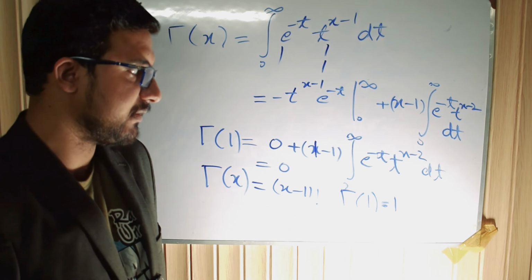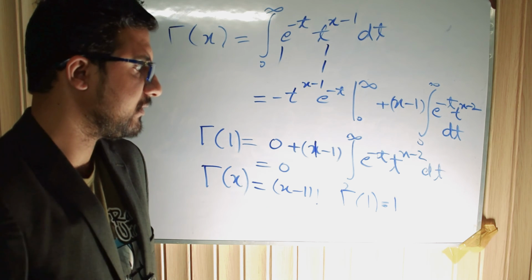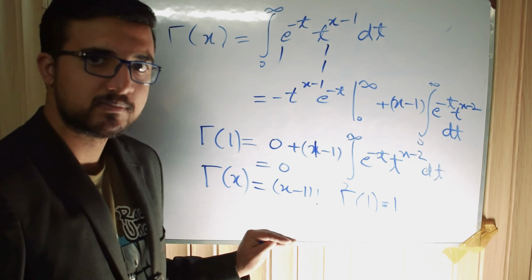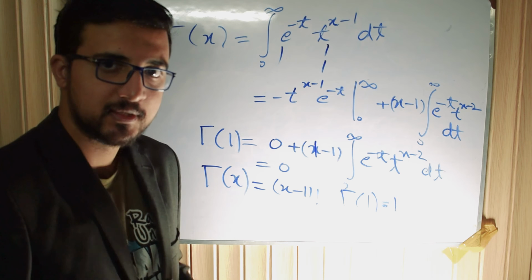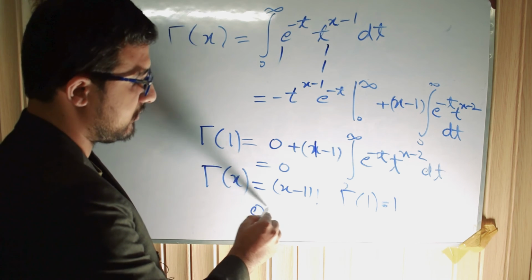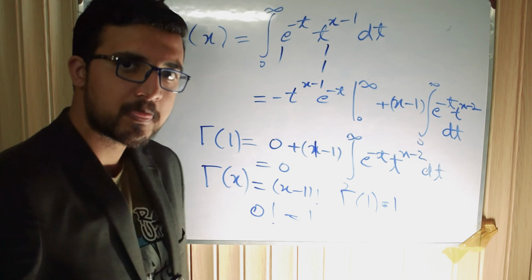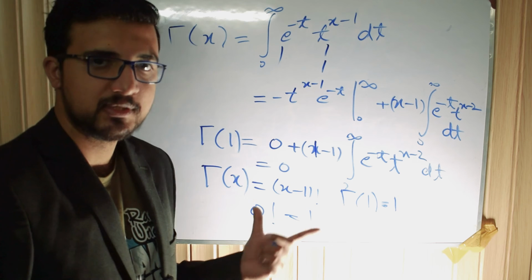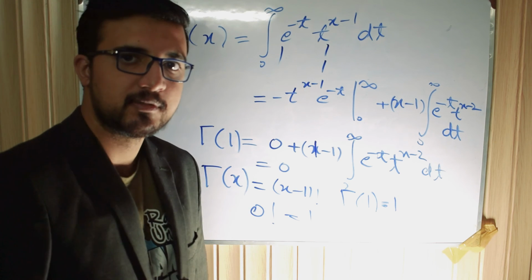So I think putting x equal to 1 in this formula is not right, and hence we cannot prove 0 factorial is equal to 1 by using this formula or our gamma function.